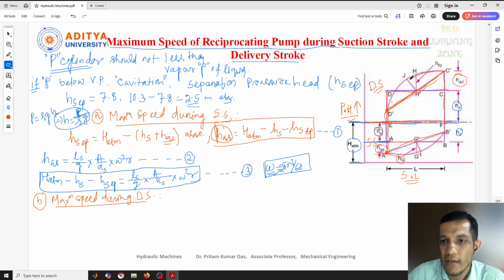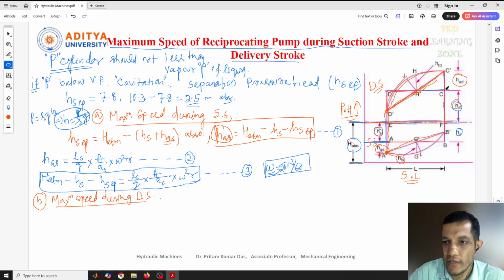If you consider the effect of friction and the effect of acceleration, then all the concepts will come. So the pressure head at the cylinder at the end of the delivery stroke can be written as HATM plus HD minus HAD.